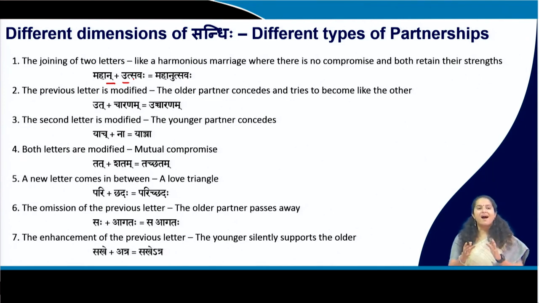So you have saha agataha becomes sa agataha. And then you have the enhancement of the previous letter, where the younger silently supports the older one. So you have sakhe atra, sakhetra. So these are all the different ones, but like I said, it's very amusingly reflective of the way human relationships also take place.